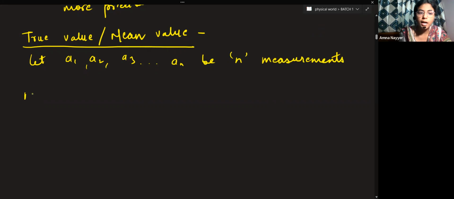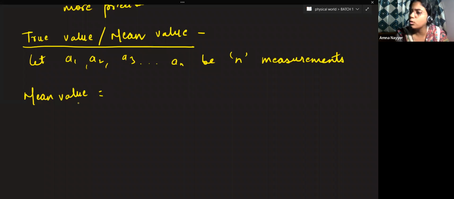Now, the mean value is calculated the way you have been calculating the average value of anything. I think you have studied this in your 9th or 10th classes as well. If you have three quantities, you take the sum of all three and divide by 3.